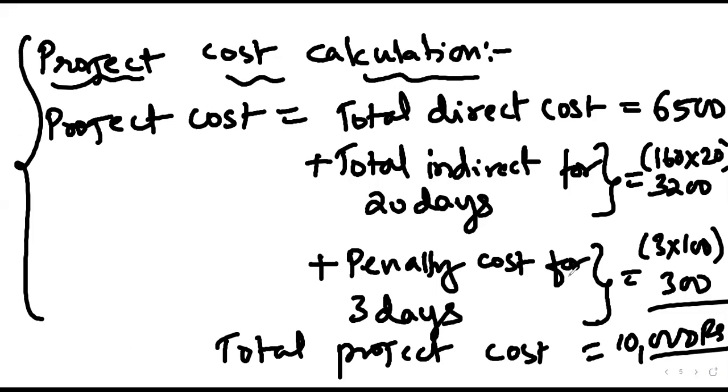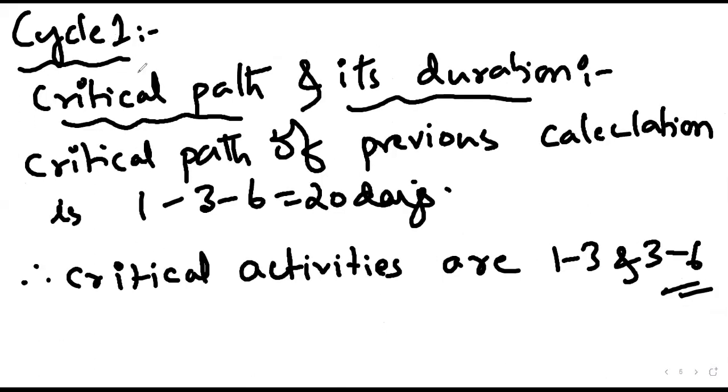For 17 days, it will not be there. Why? Because penalty is only for a project which passes 17. And here also you would have calculated the indirect cost for 17 days. This would have changed. And next, you would have come to critical path determination and its duration calculation, correct?